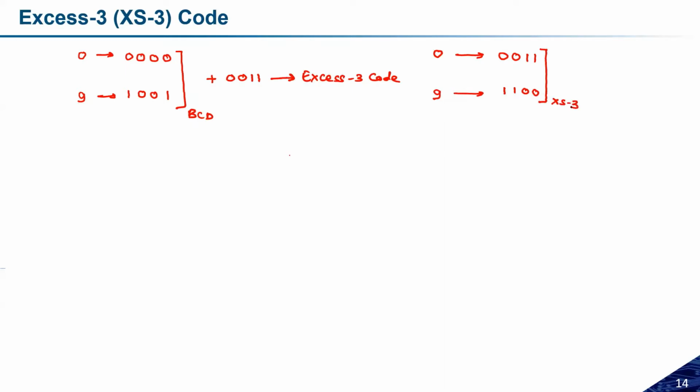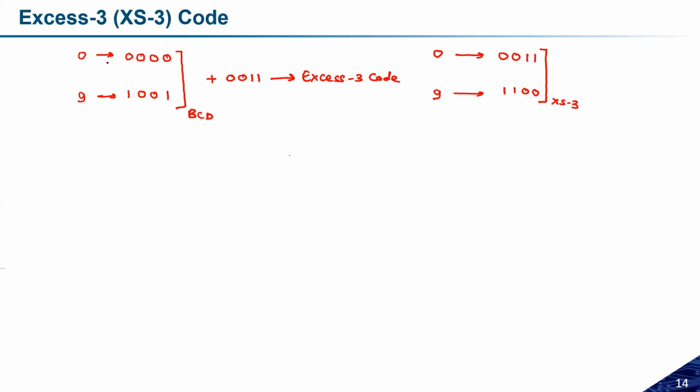Now let me explain the reason why we are adding +3. If we recall the BCD code from the previous class, the BCD code is not a self-complementary code, meaning 0 and 9 are not self-complementary. To make the number self-complementary, we have to add +3.